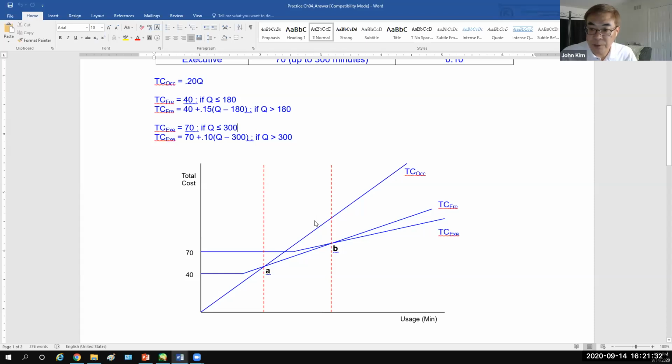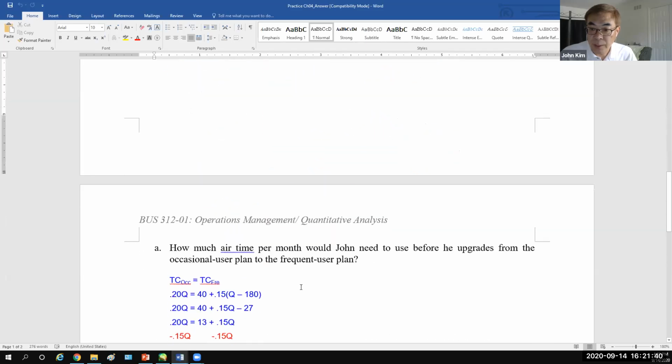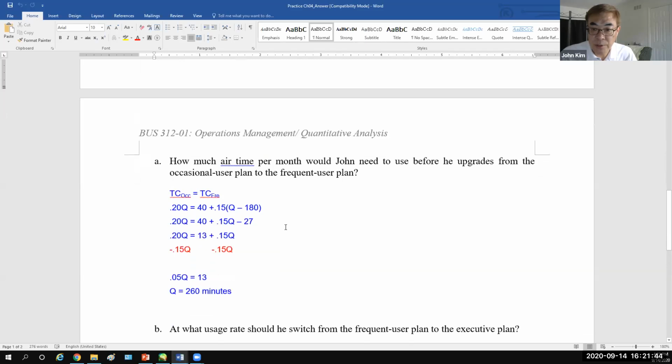So first option and second option. So on point A, TCO equals TCF. So substitute and equalize and simplify about Q.